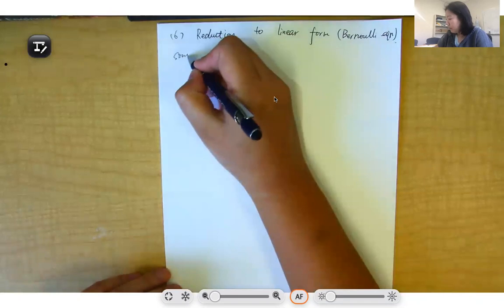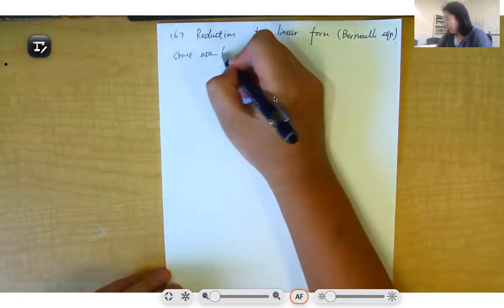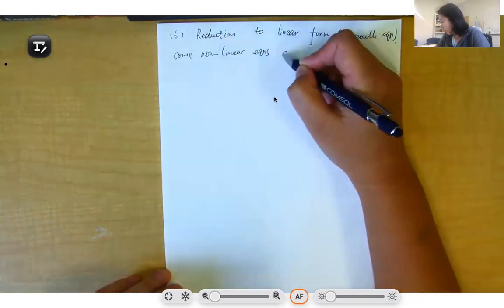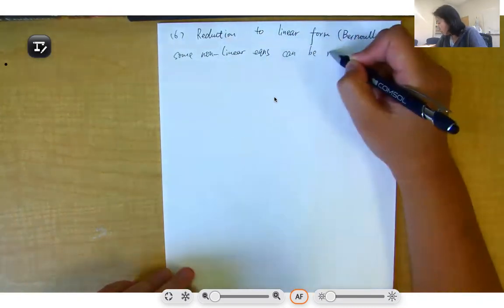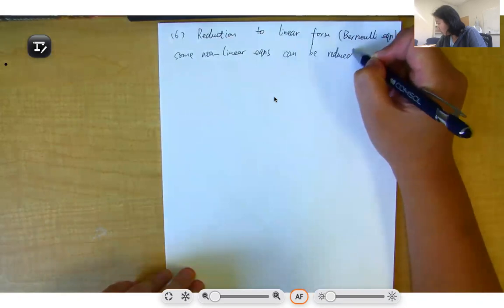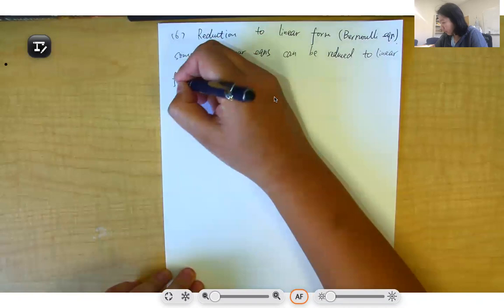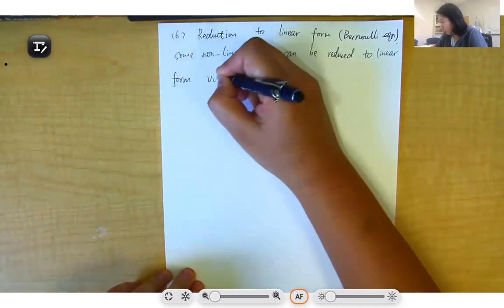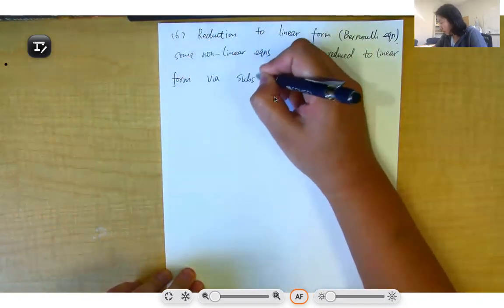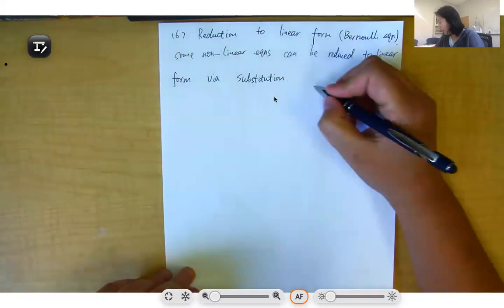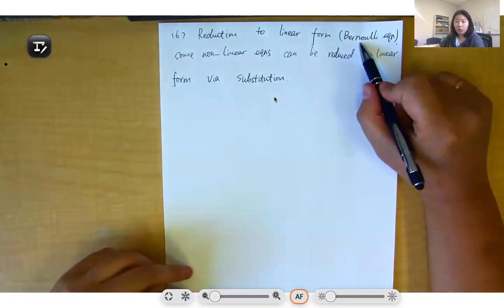Some nonlinear equations can be reduced to linear form via substitution. And this example is the Bernoulli equation.